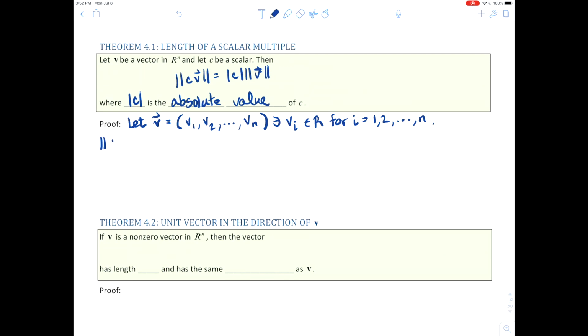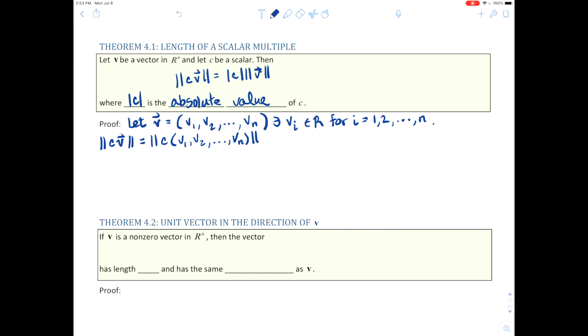Let's look at the magnitude of c times v. Well, when I write v in component form, it would be c times v1, v2, all the way down to vn.